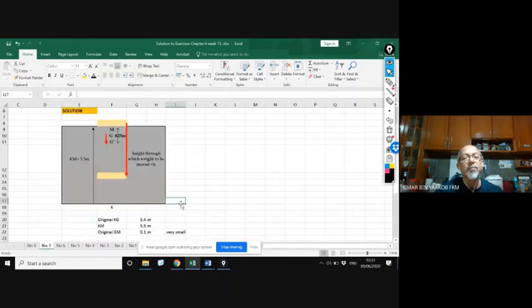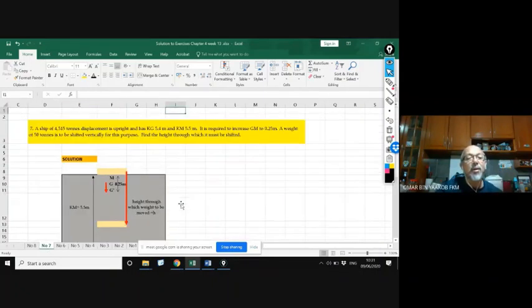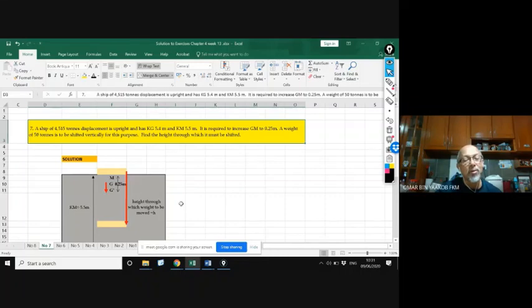Number seven is almost similar. Still, it's about movement of weight, but it's asked in a trickier way, higher order thinking. You need to understand what's happening.